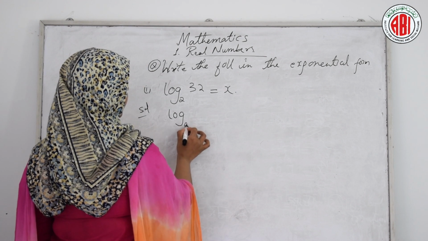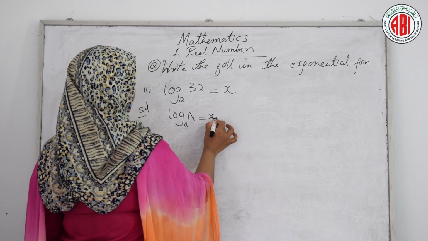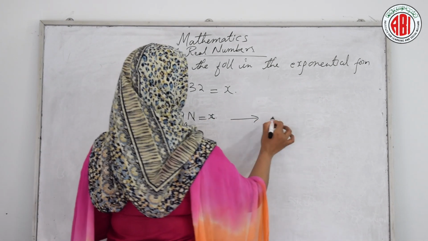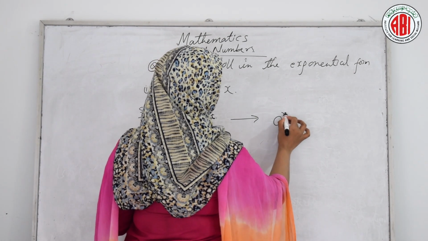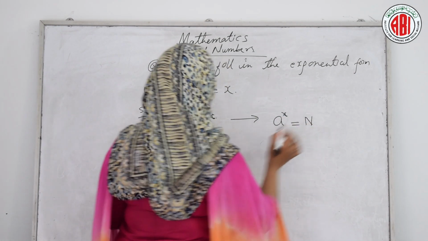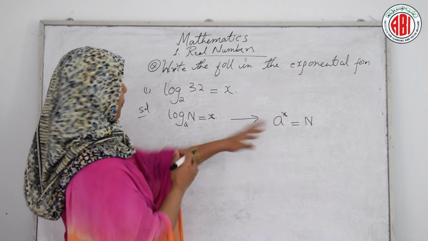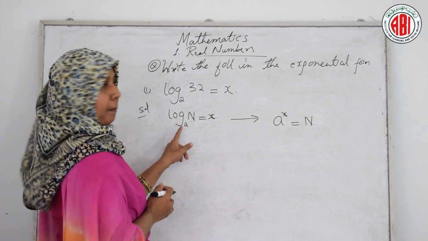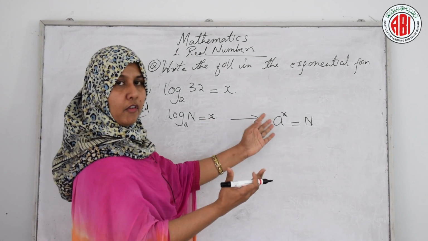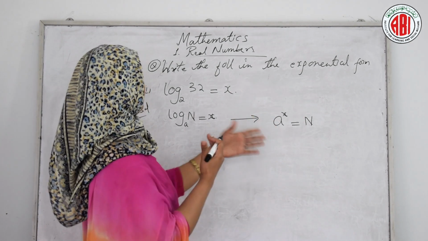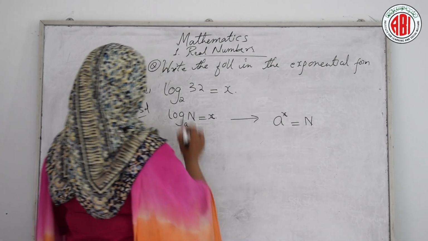Log n base a is equal to x will give rise to the exponential form a to the power x is equal to n. First you have to write the general form so that you can easily convert it into the exponential form.